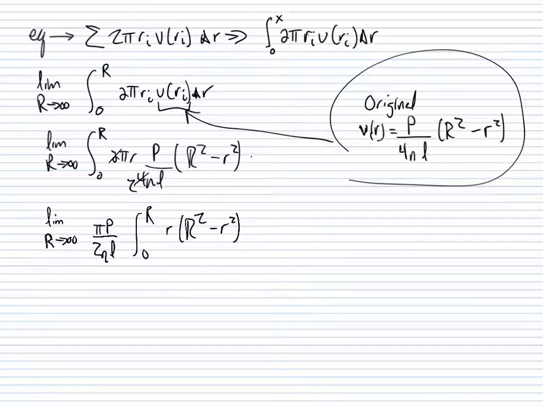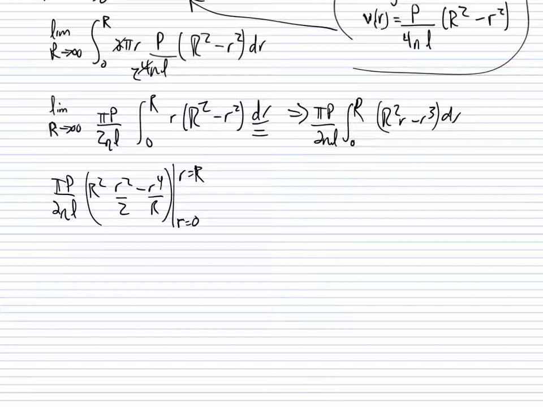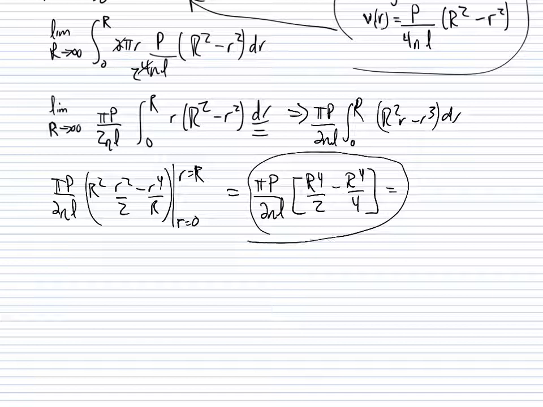And don't forget, since it's an integral, you need your dr. I already took out that first part, so you factor in your r, then take the antiderivative, or the integral, and this is what you get. Don't forget your bounds were capital R and 0, and once you factor those in, this is the answer you get.